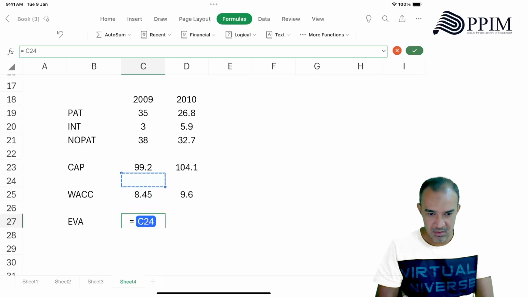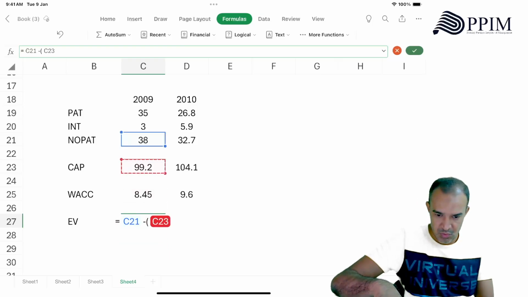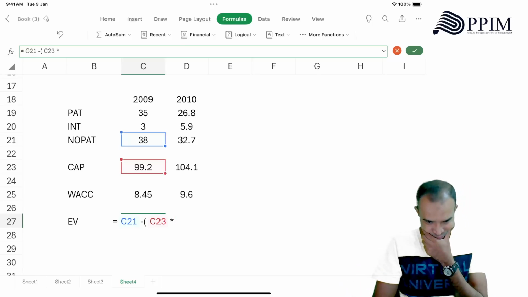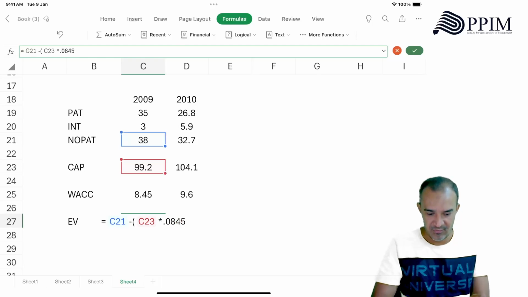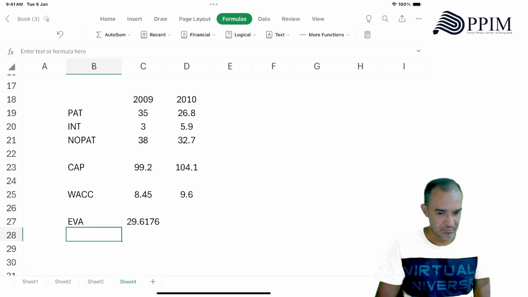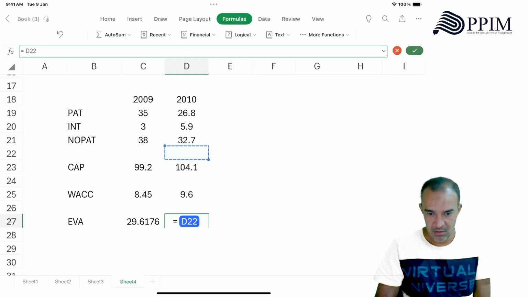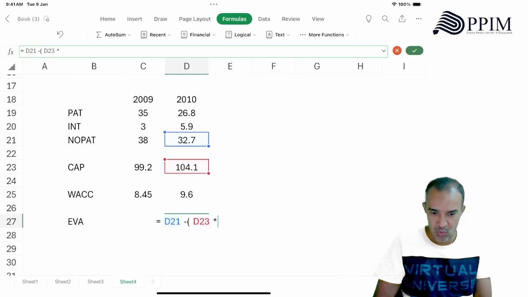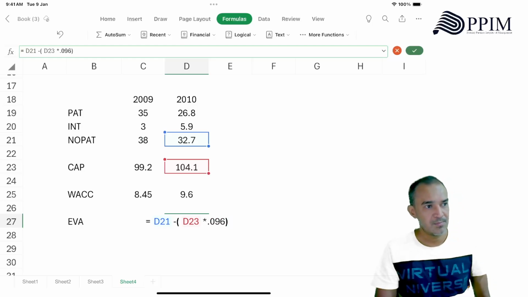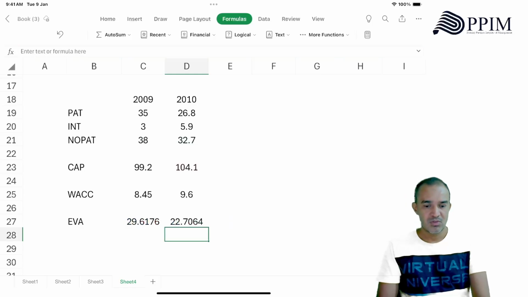So now we can calculate the EVA, which is NOPAT minus capital employed into 0.0845. So 32.7 minus 4.1 into 0.096. Okay, so 29 and 22.